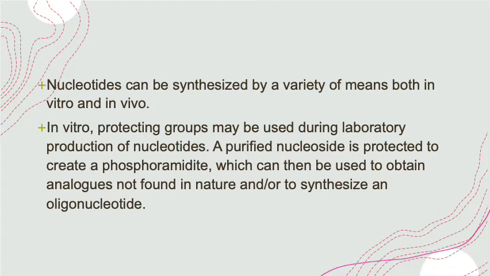A purified nucleoside is protected to create a phosphoramidite, which can then be used to obtain analogs, and these analogs are not found in nature, and or to synthesize an oligonucleotide.